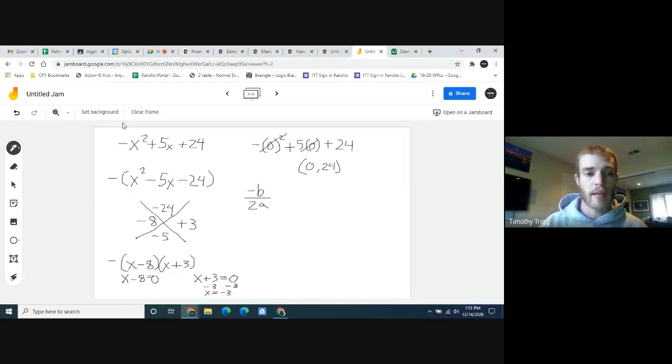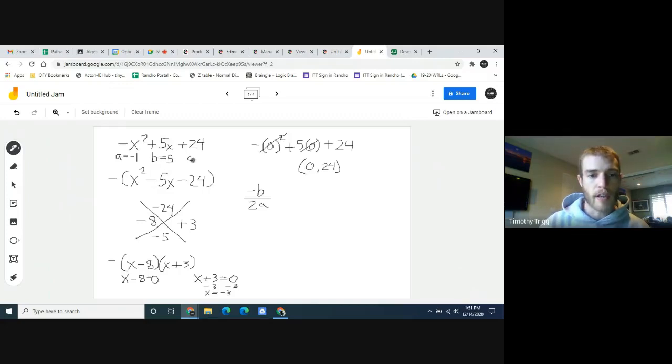The a and the b come from this equation. The a is whatever's in front of the x squared. You can see there's a negative in front of the x squared, so in this case, our a is -1. It's like -1 x squared, basically. The b is what's in front of the x. So in our case, the b is 5.